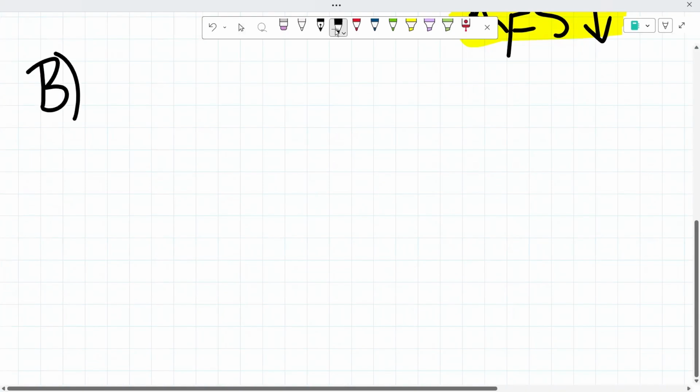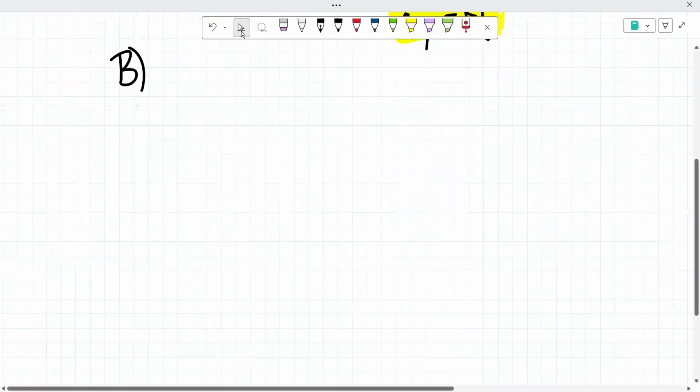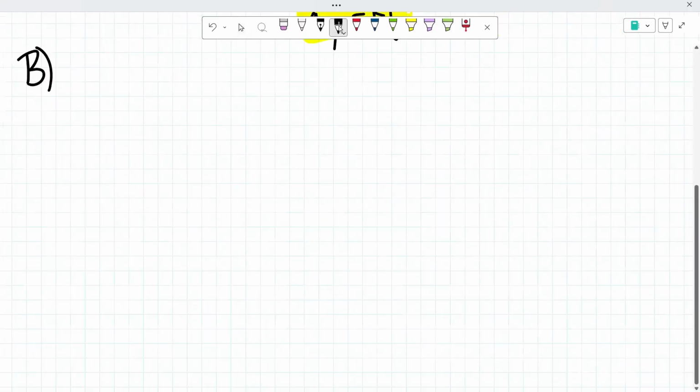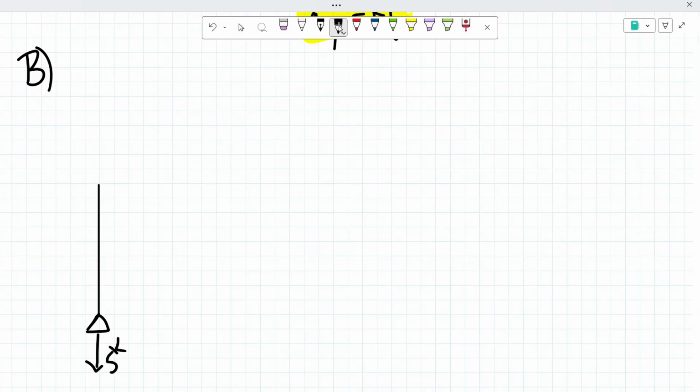We're going to redraw that figure, that structure, but this time we're going to leave some space between each member. So we have beam, or segment, AB, where we had that pin, and how we solved it earlier, we know that there is a vertical force of 5 kips acting downwards.